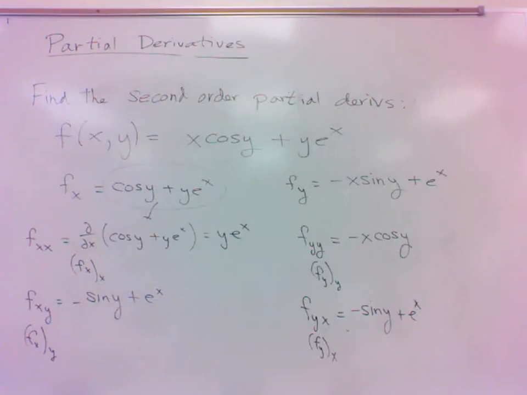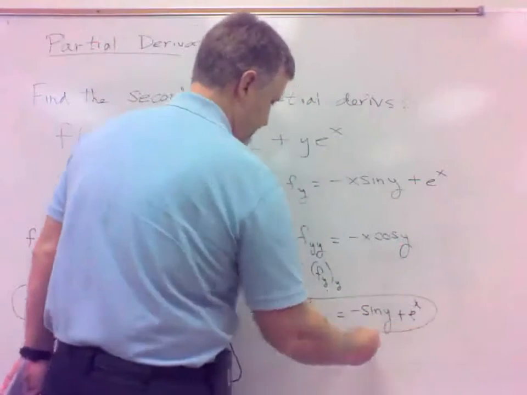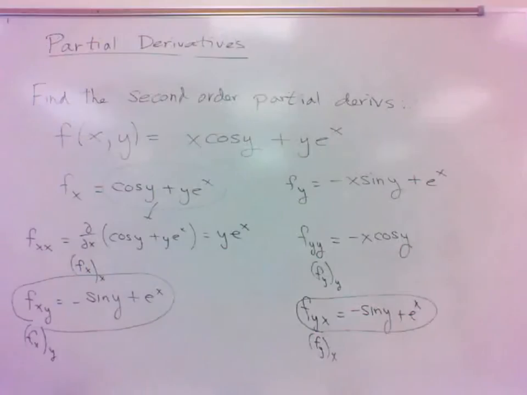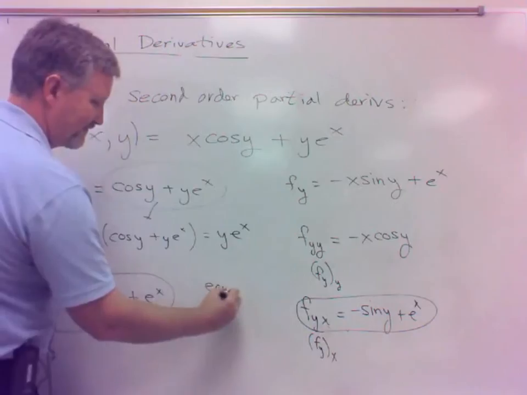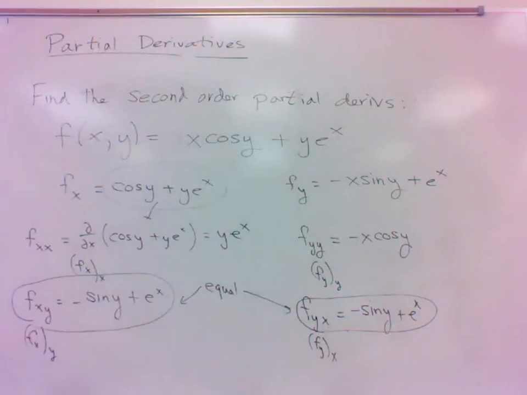Now, you might notice this. Look at these two, f of xy, sorry, f partial, those two second order partial derivatives. What about them? They're the same. And usually that's not by coincidence. Those are usually the same thing.